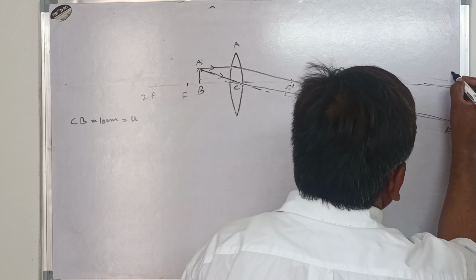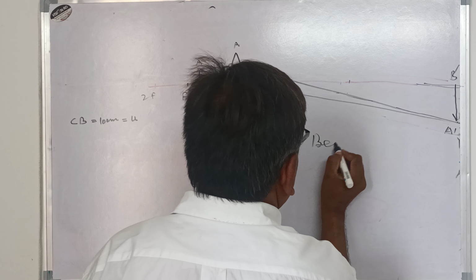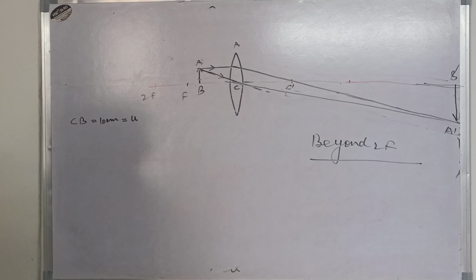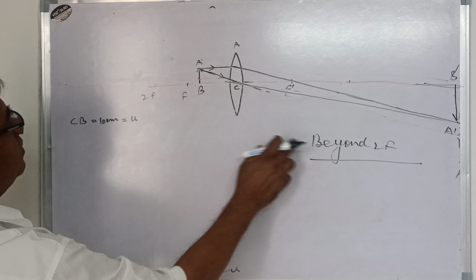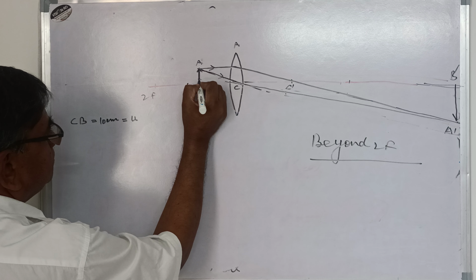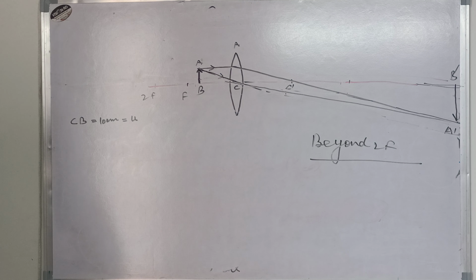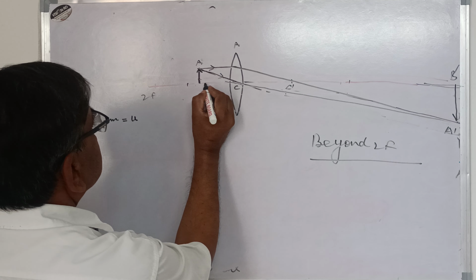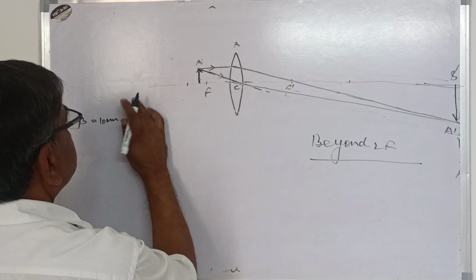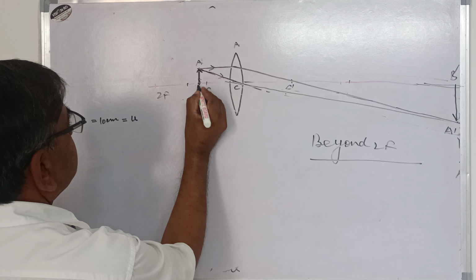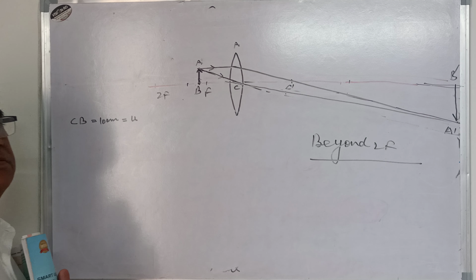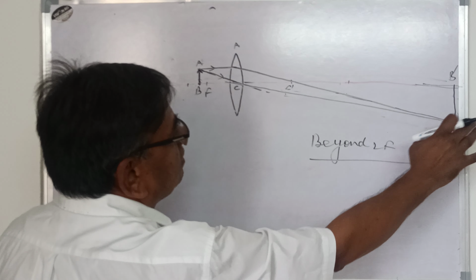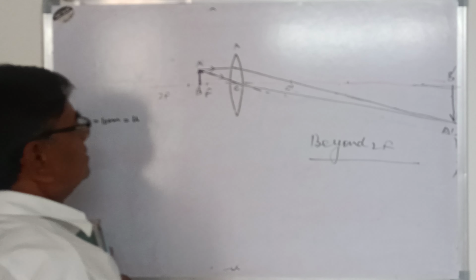Very big image, A dash B dash will fall beyond. This is the case beyond 2F. Image will be found beyond 2F and object is here. No. This will be F and this will be 2F. The object will be between F and 2F, but very nearer to F. So this will form at a very large distance beyond the lens.